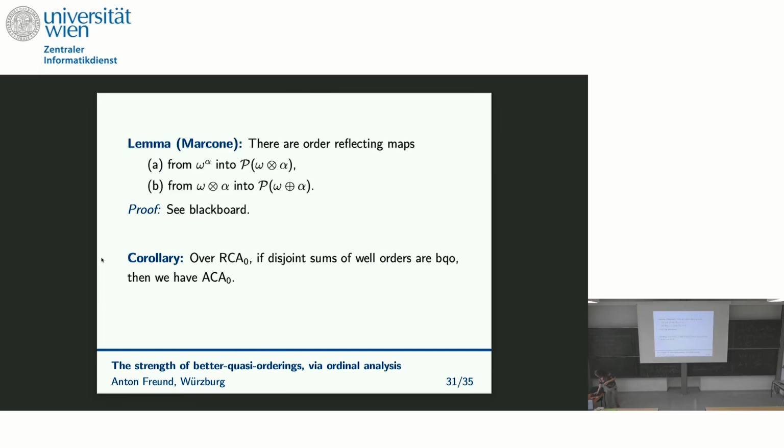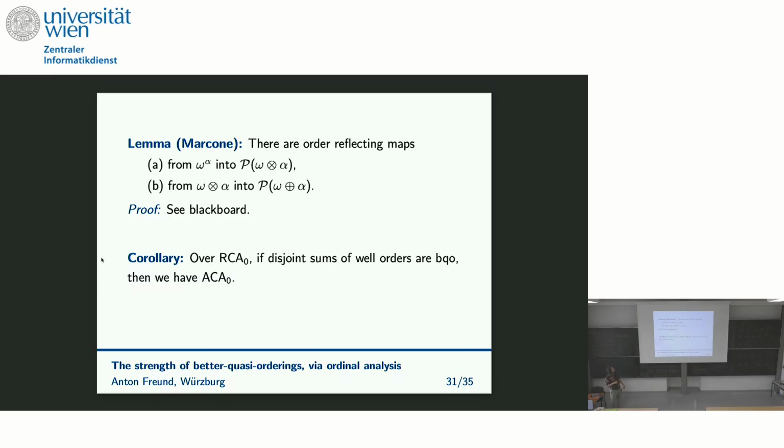So there's this lemma due to Alberto Marcone, which shows that there are certain order-reflecting maps. And why are we interested in these? Well, we have just seen in this part on ordinal analysis that these orders omega to the alpha are connected to arithmetical comprehension. So if we can say something about these orders, then we may get a reverse mathematics result involving comprehension.